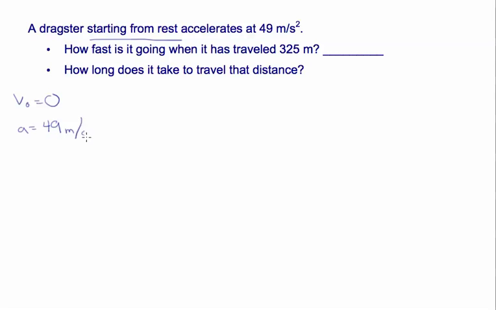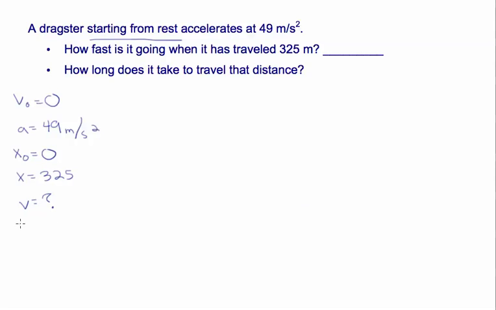And it wants to know how fast is it going when it has traveled 325 meters. And we want to know final velocity. And then later we want to know how long does it take.